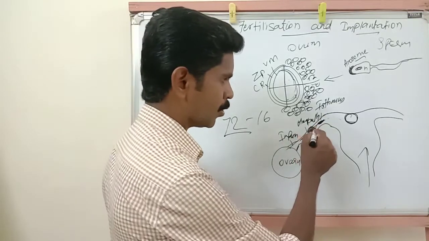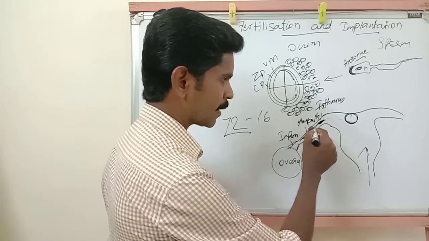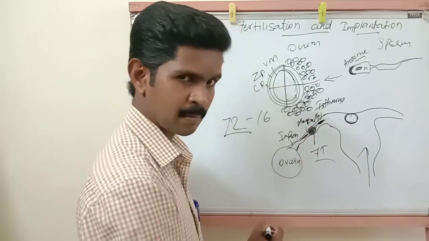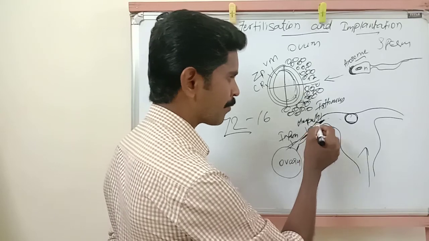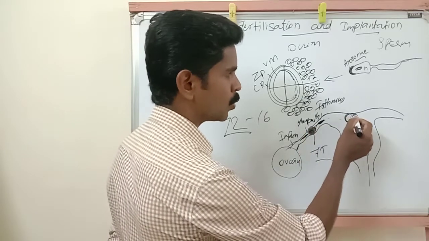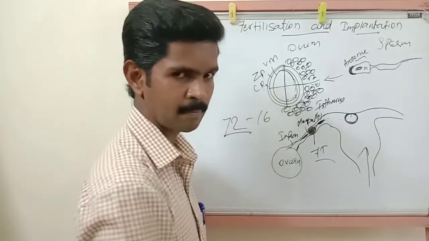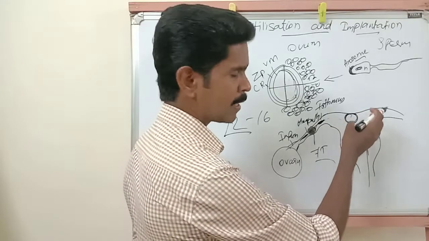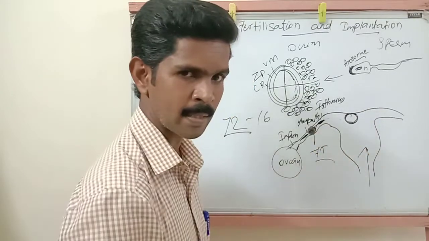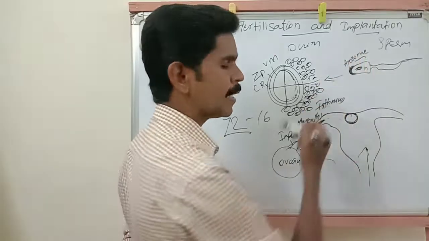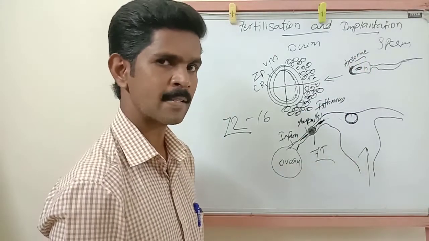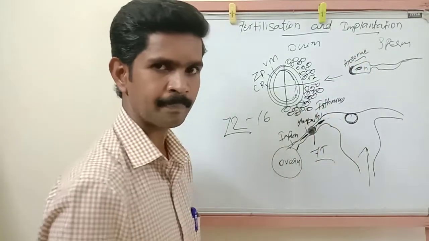After that, the fertilized egg, that means the morula stage structure, moves from the fallopian tube to the uterus and it is attached to the wall of the uterus. This process is called implantation.